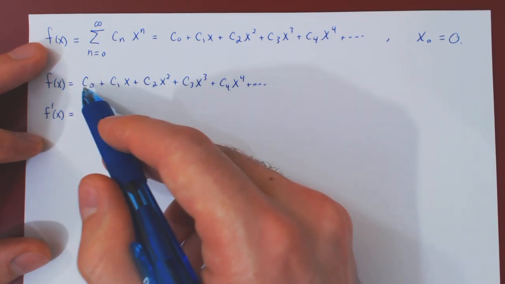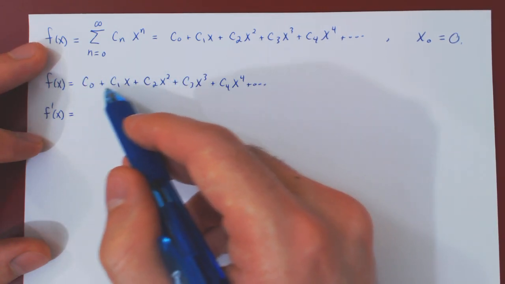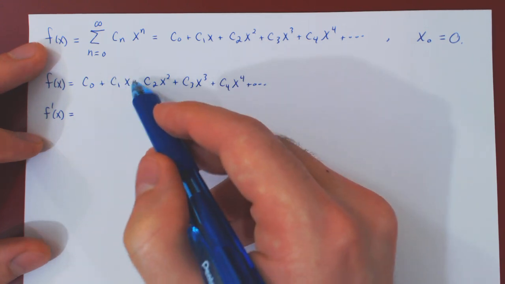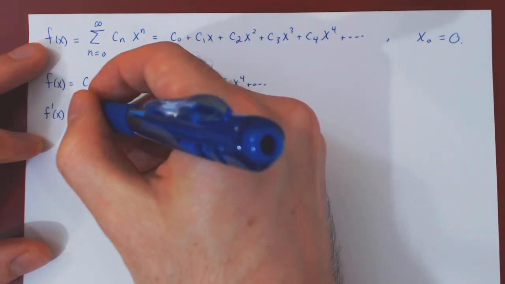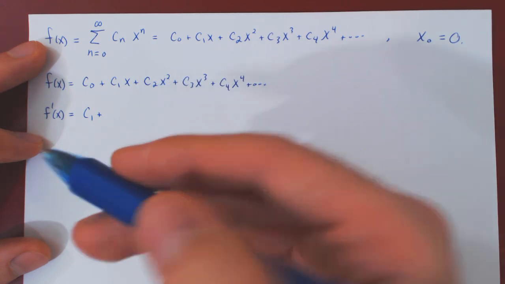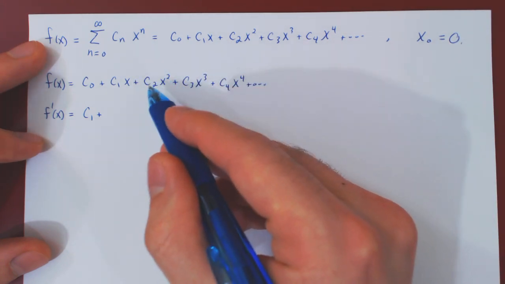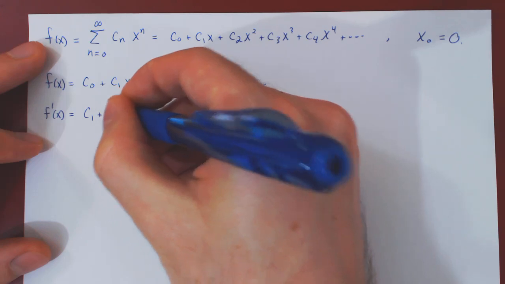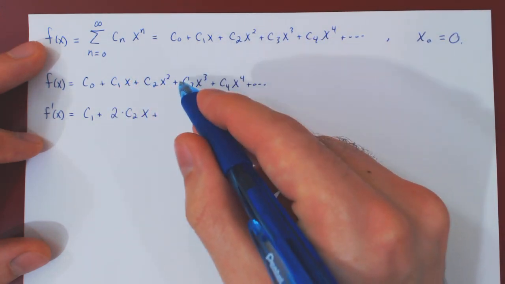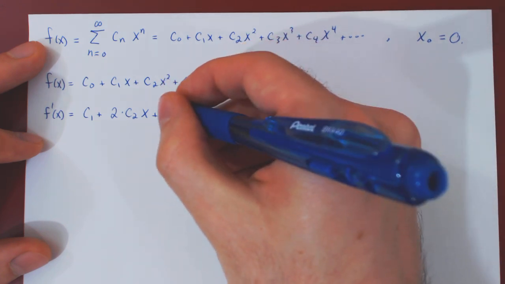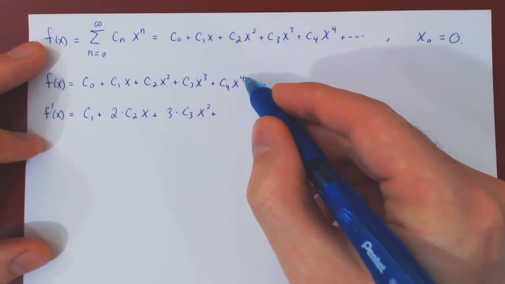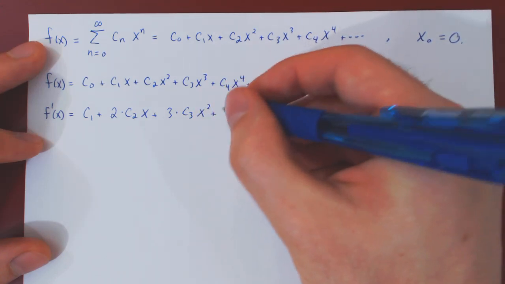So the derivative of c0 is 0, as this is a constant, plus the derivative of c1 x, this is a multiple of x, the derivative of x is 1, so we're left with c1, plus and so forth. So this will be, after we differentiate it, 2 c2 times x, plus 3 c3 x squared, plus 4 c4 x cubed, and so forth.